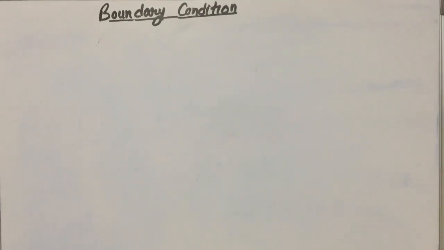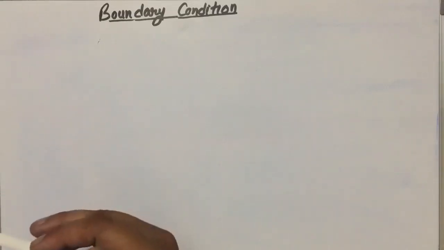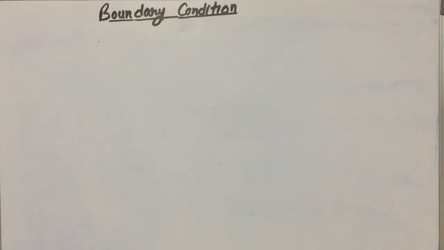So if the electric field is changing from one dielectric medium to another dielectric medium, or from conductor to dielectric medium, or from conductor to conductor, in all the cases what characteristics it will follow, what component of this will change. So we will try to discuss that thing today.